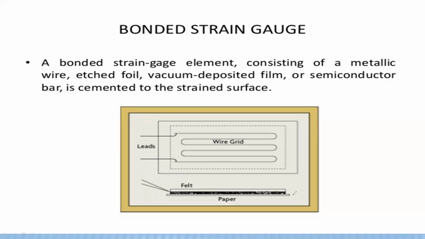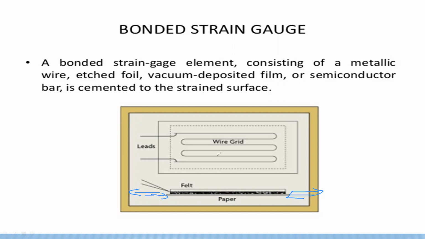Whenever we apply the loads, or suppose the load acts in this direction, the compressive strains are acting in this direction, or tensile forces are acting in this direction. Any type of loads acting on this object, it should be elongated, or it should be compressed.